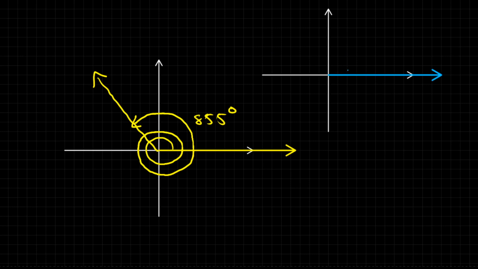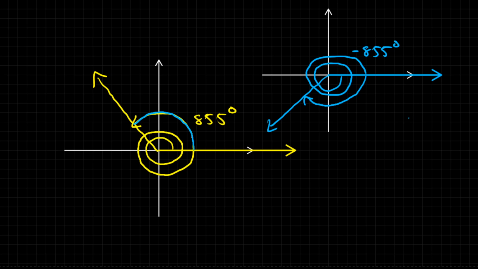And instead of going counterclockwise, we'll go clockwise 2 full revolutions. And then in the drawing of 855 degrees, we went 135 beyond that. So we'll do a similar arc, but going clockwise, and that will leave us in quadrant 3. And this is what negative 855 degrees would look like.